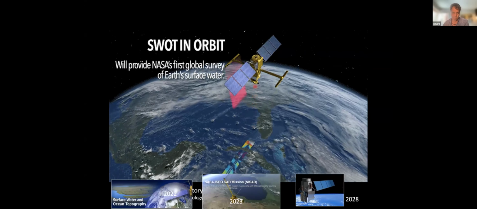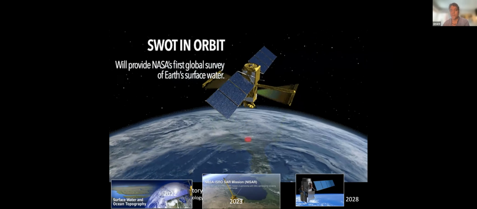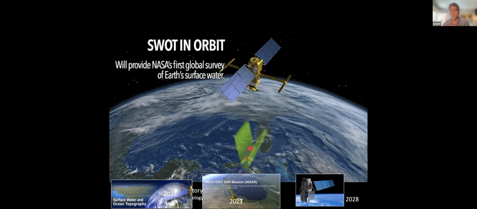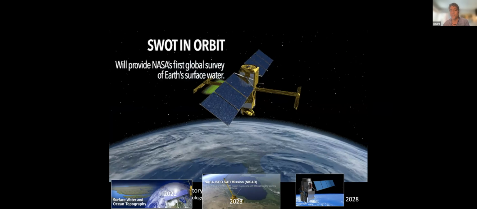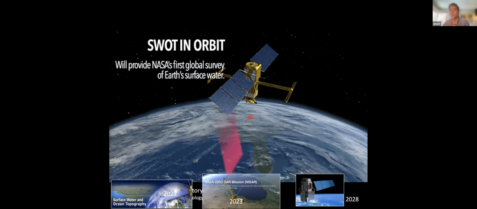And it's covering the entire globe, making measurements of water surface elevation in the ocean, but also in rivers, lakes, reservoirs globally. The spatial resolution of the products, we expect it to be 100 meters, but I think we'll do much better, down to at least 50 meters. So any river that is larger than 50 meters will be measured.